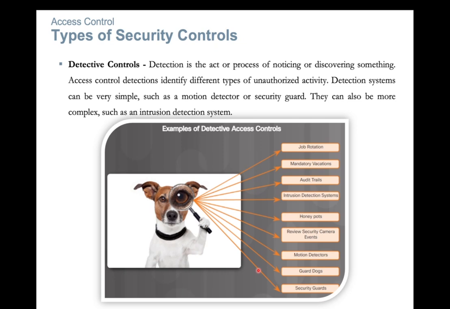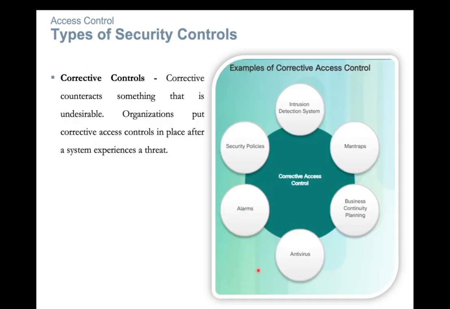Another type of security control under access control is corrective controls. Corrective controls counteract something that is undesirable. Organizations put corrective access controls in place after a system experiences a threat.